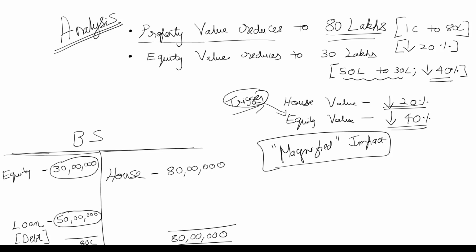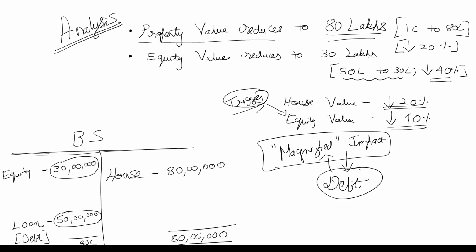So here again you can see the magnified impact, and the reason that we would attribute to this magnified impact is this person called debt, loan. This is the contributor here also, because when the house value reduces, there is a drop, and that drop is not shared by debt.